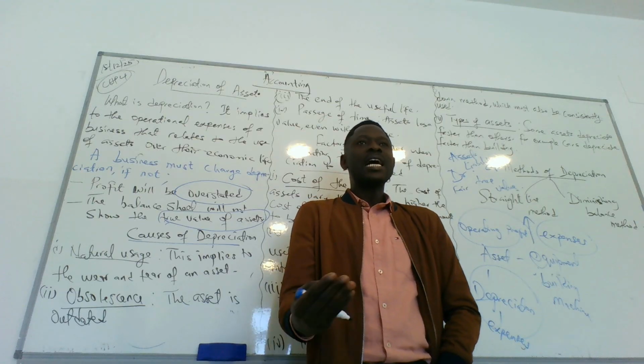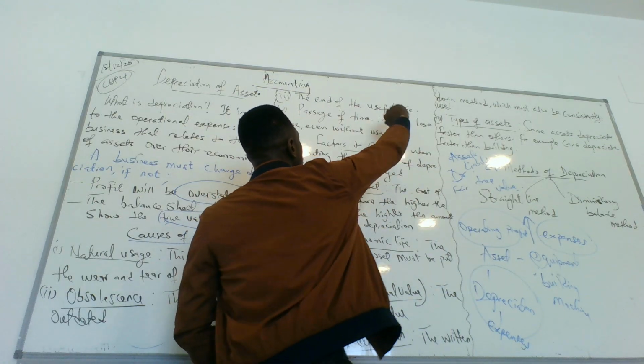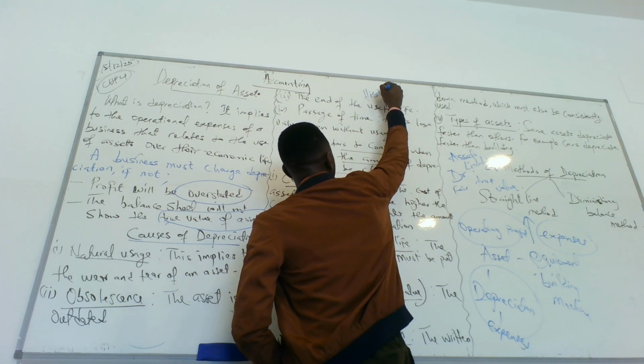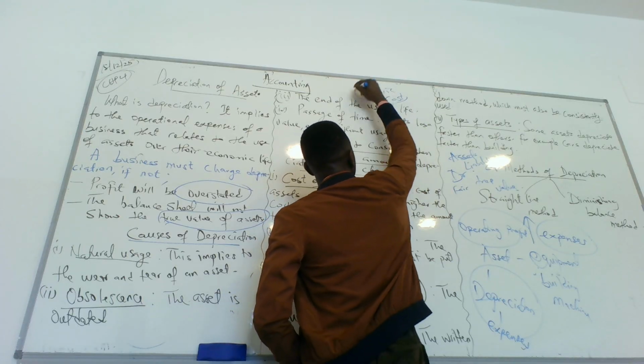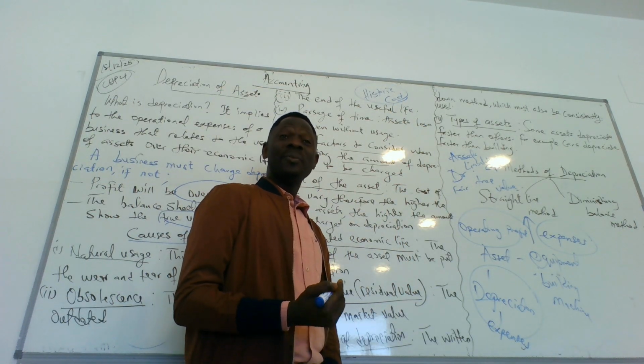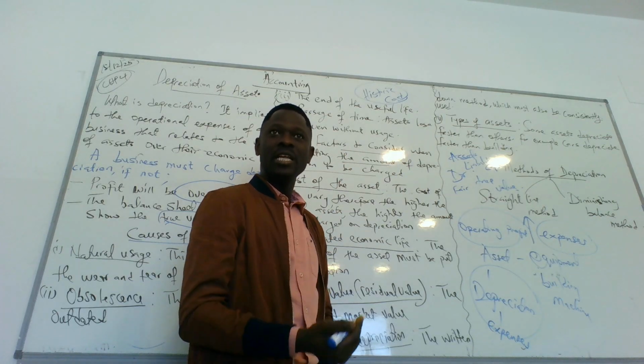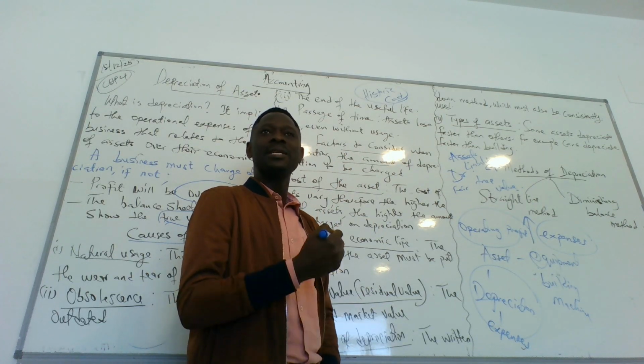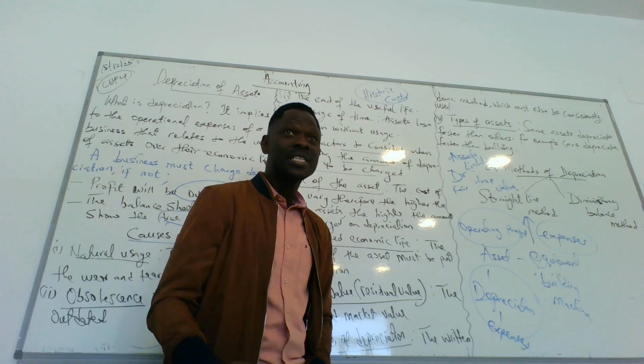Because we assume that the asset is still at its historic cost. Historic cost is the cost we purchase that equipment. But just like an iPhone 11 of 4 years ago is not the same value as of today. It's not going to be the same price.